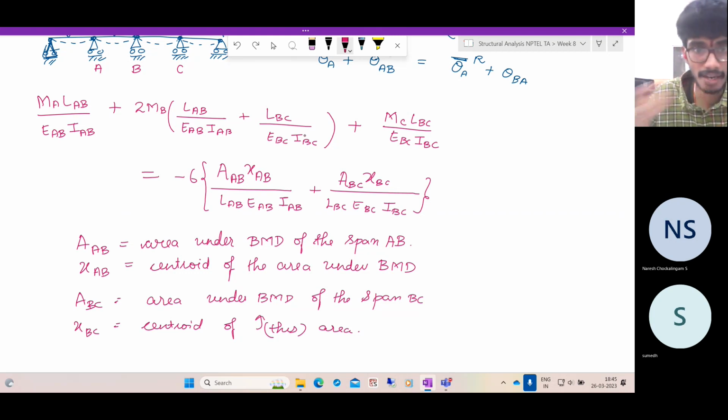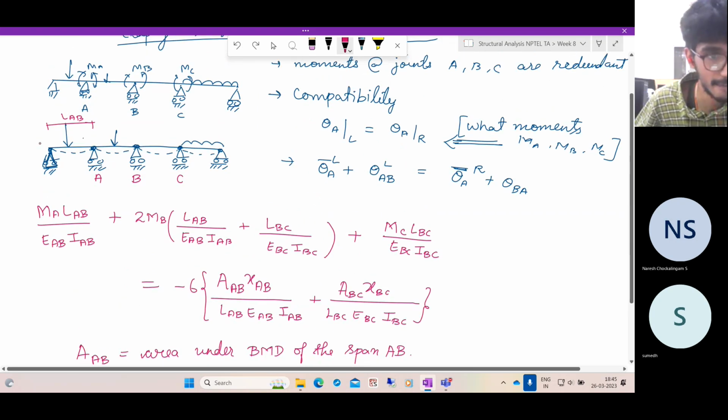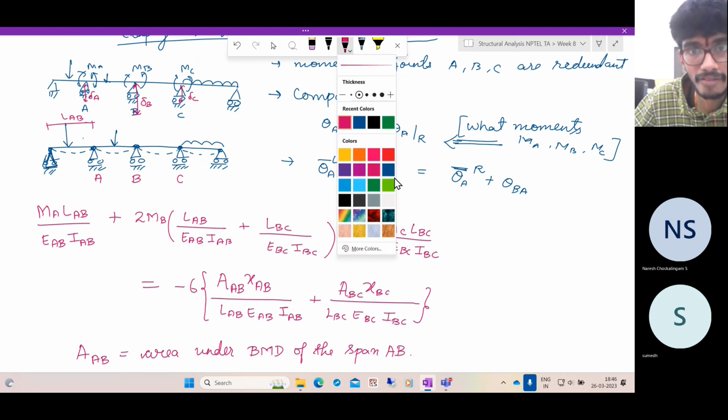The good thing about this is, in case one of these supports is settling, as I said in one of my introductory sessions on statically indeterminate structures, suppose this support settles by some delta B, this support by some delta A, and this support by some delta C, then these equations get modified.